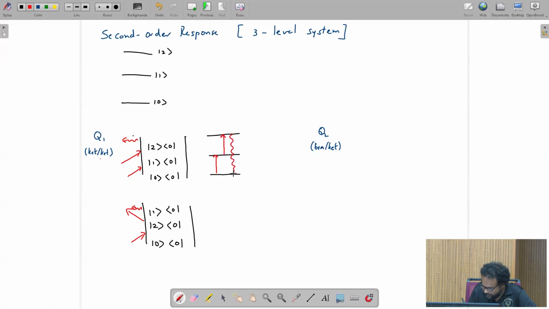Then you are seeing this. Going from here to here, in the first case. And then you are doing stimulated emission, coming down like this, and then creating the signal.